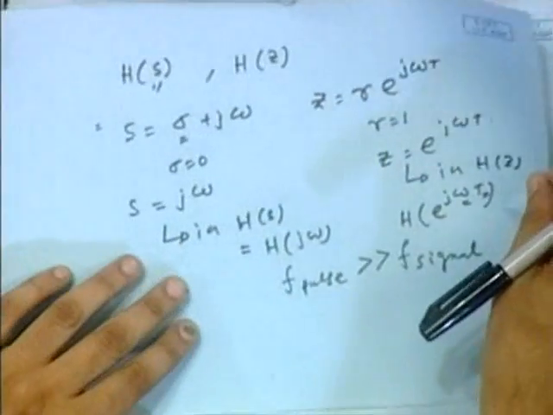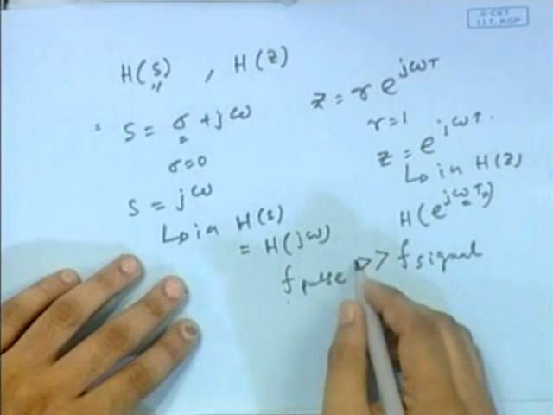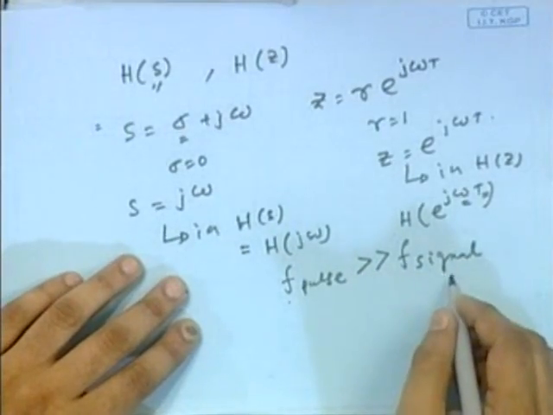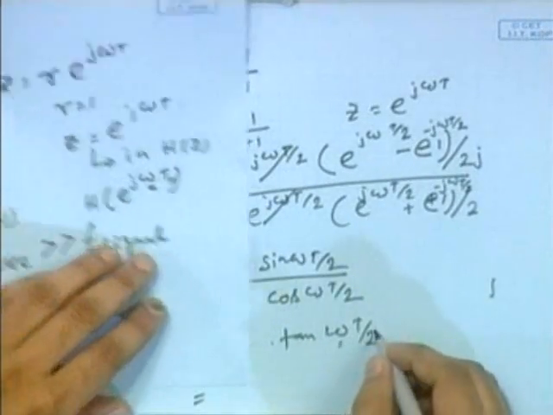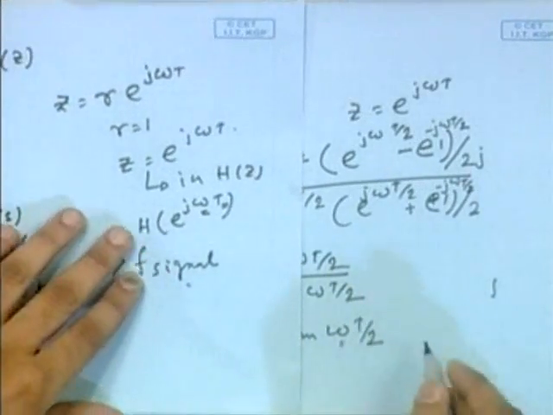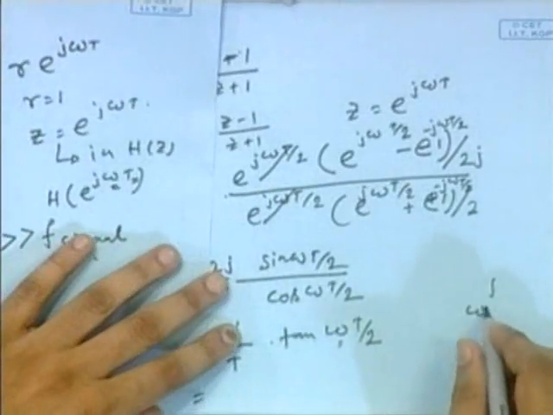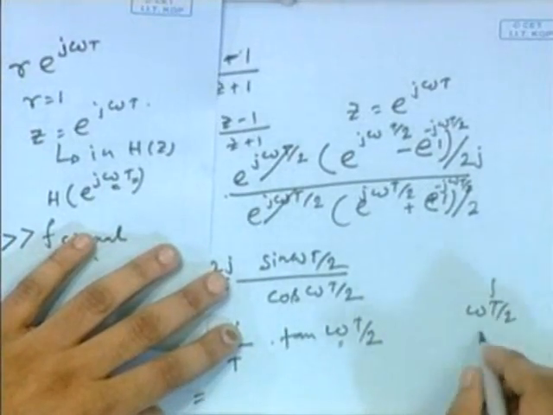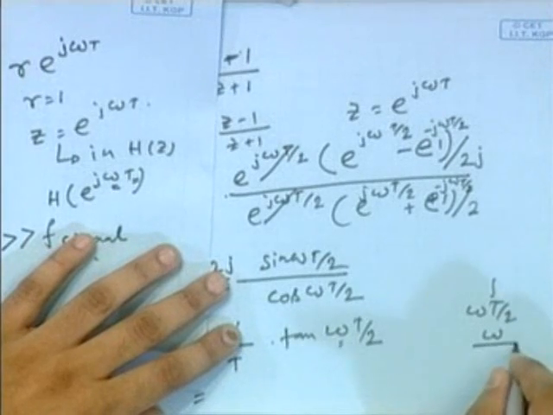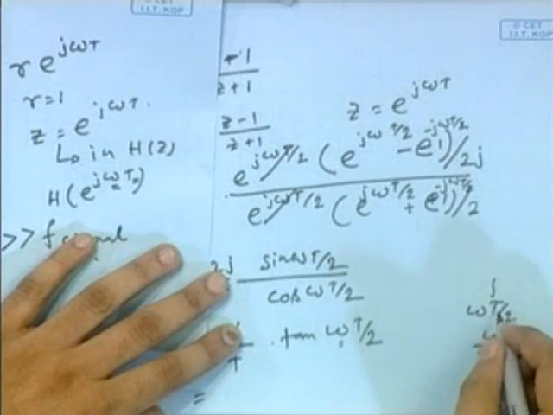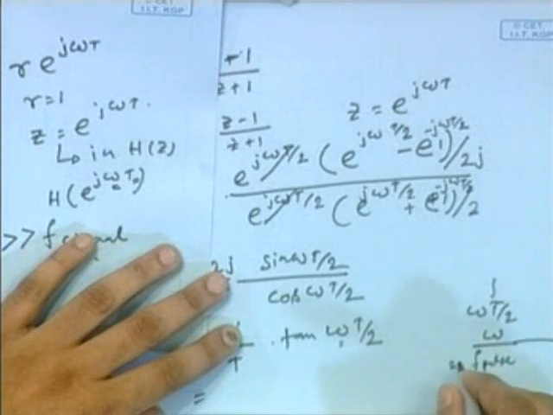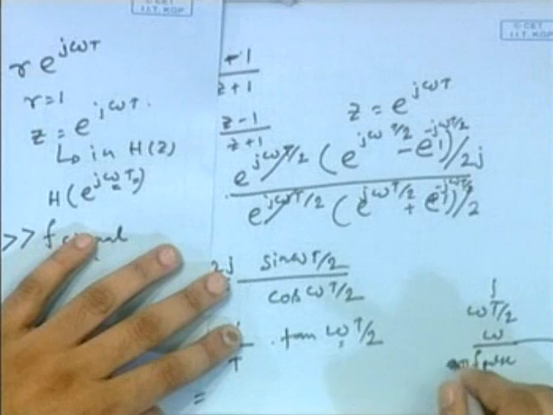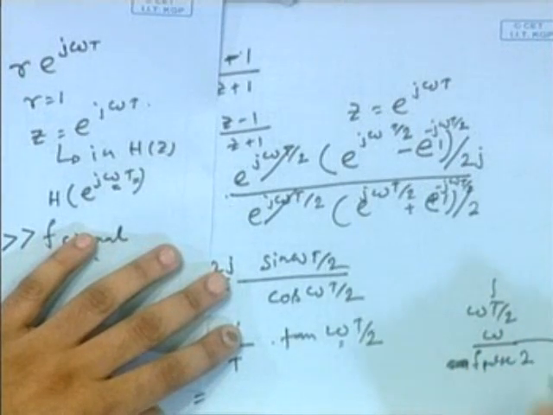here the frequency of that pulse is much greater than the frequency of the signal. So we can approximate this one, omega t by 2. Omega by this t means f of pulse multiplied by 2.